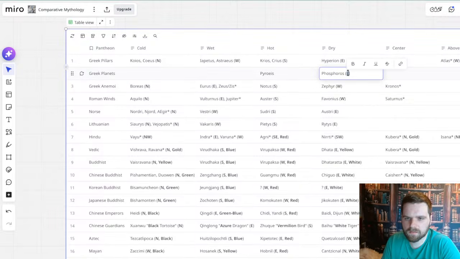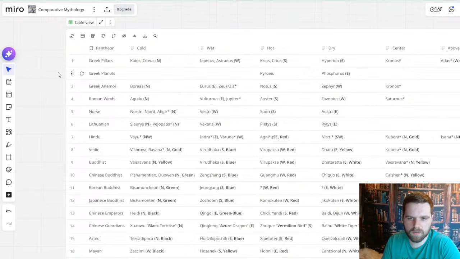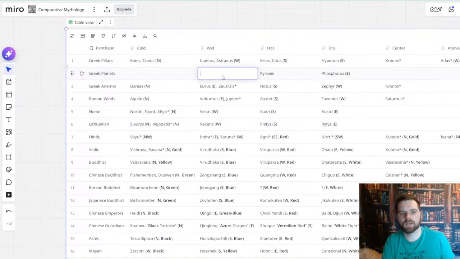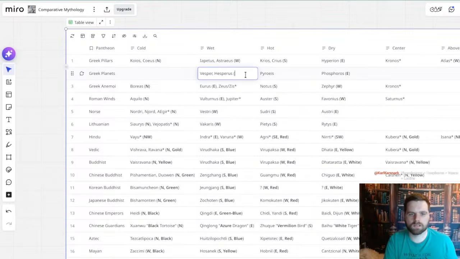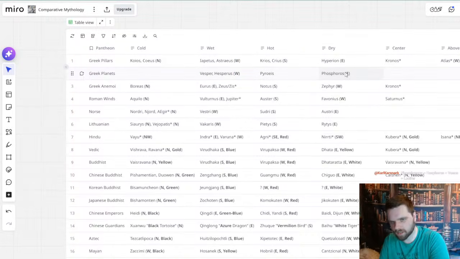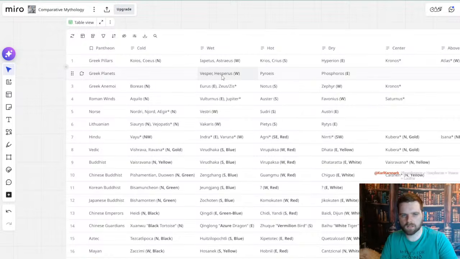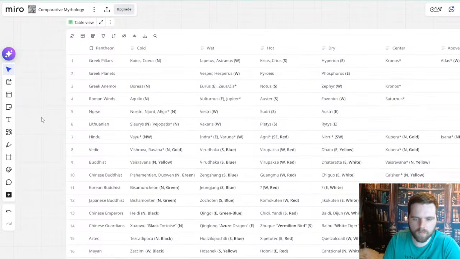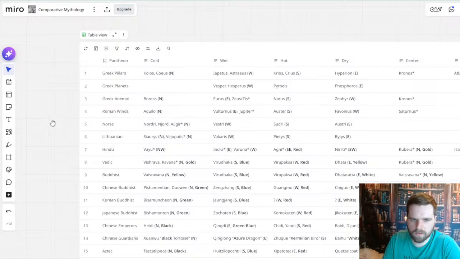Venus in that group. And I think Vesper, I'm remembering now, Vesper and Hesperus as west. But those are not planets per se, that's just Venus in the morning and Venus in the evening. The morning and dusk star.